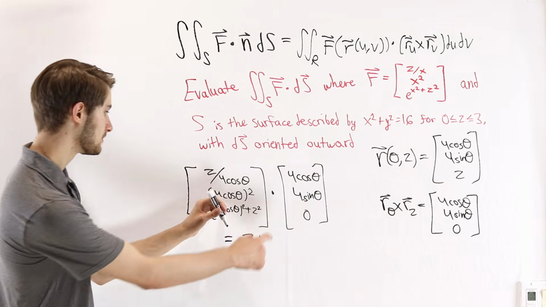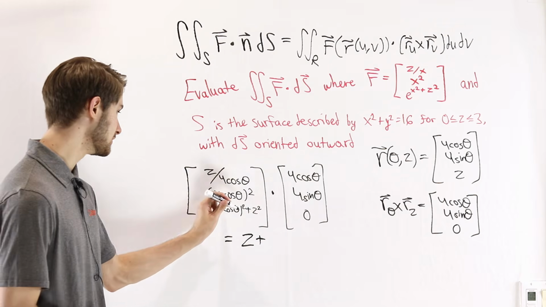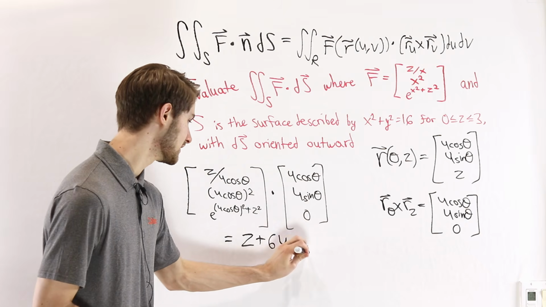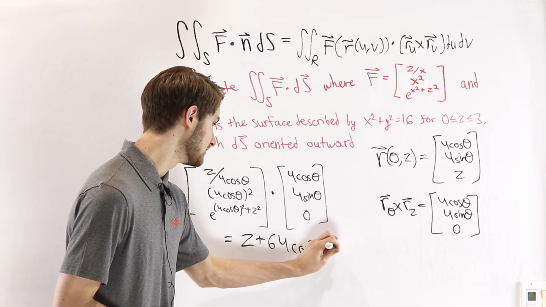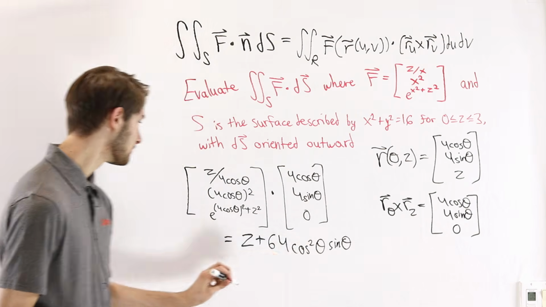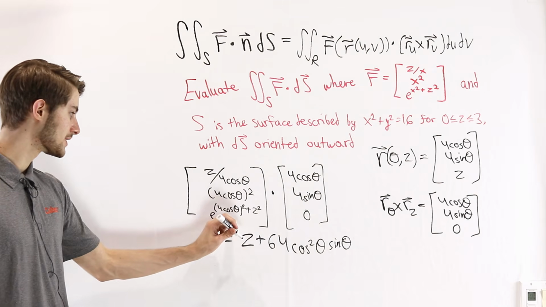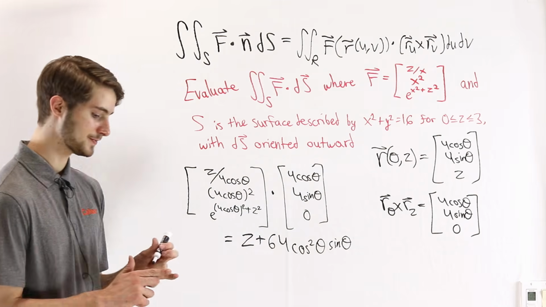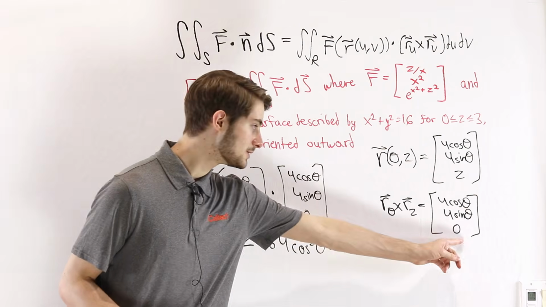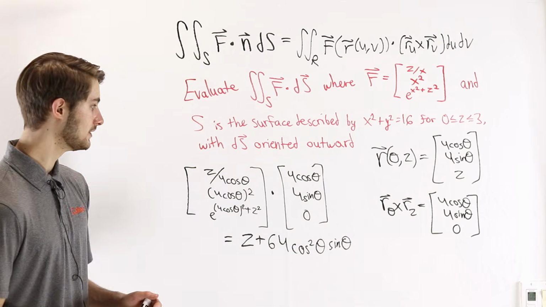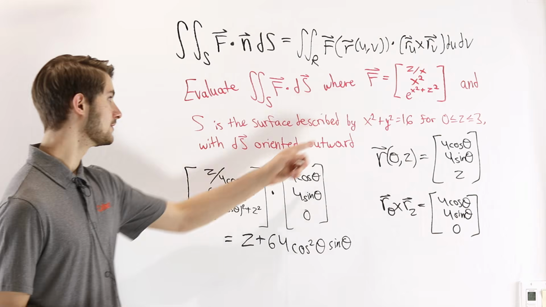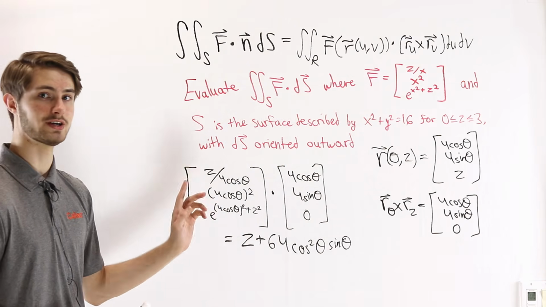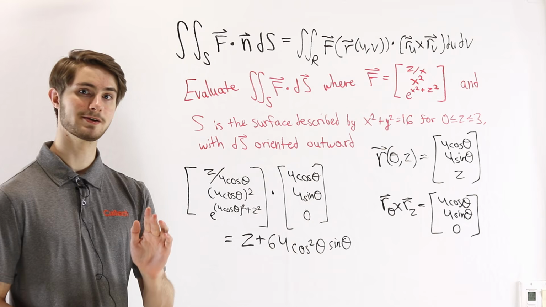Then we add the product of these two, which is going to be 4 squared times 4 is 64 cosine squared theta sine theta. And then we're going to add e to the 4 cosine theta squared plus z squared, but just times 0. Because the z component of our normal vector is 0, it doesn't matter what the z component of our vector field is. That's not going to contribute to our answer at all, so we don't need to worry about it.